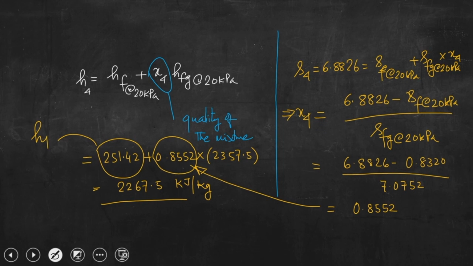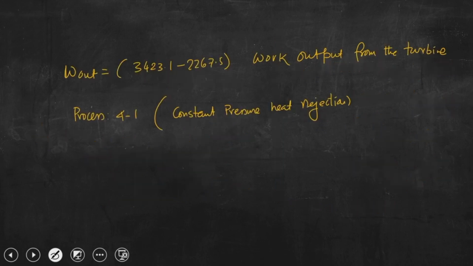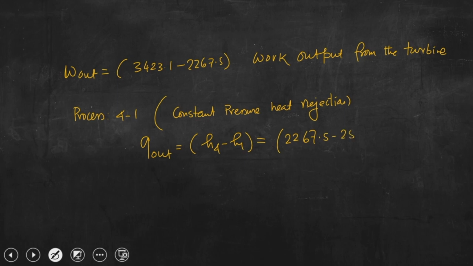So, we can quickly calculate Q out, that is H4 minus H1, and that is nothing but 2267.5 minus 251.42. So, this is in kilojoule per kg.